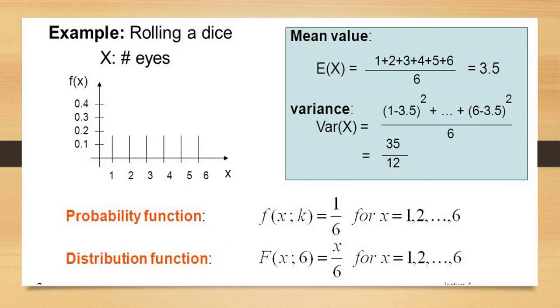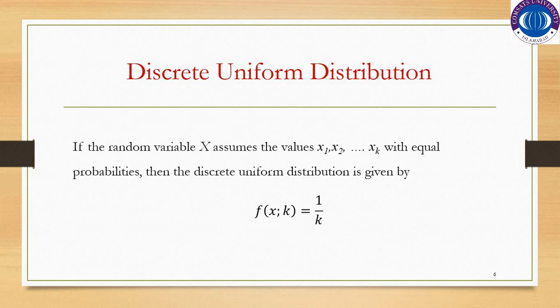So this is the example which we explained in the first slide. Rolling a die, and x is the number of dots, and the distribution has the form f of x is equal to 1 by k.